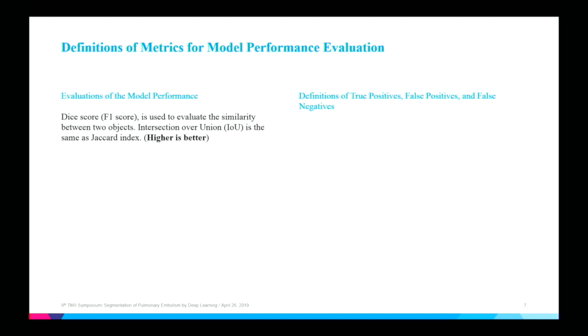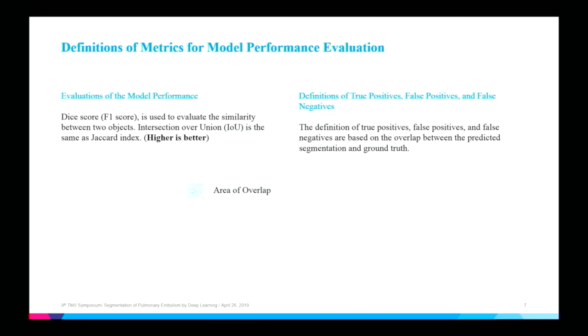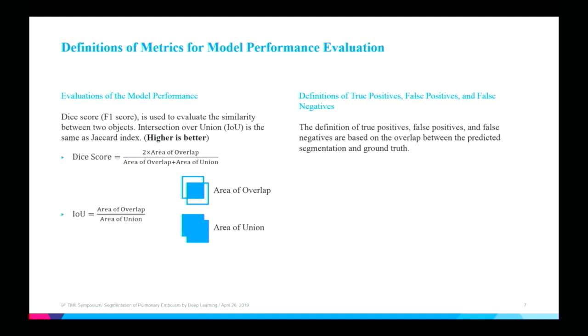All of the terms are based on the overlap between the predicted segmentation and the ground truth. The DICE score equals 2 times the overlap over the sum of overlap and union, and IOU equals intersection over union, and these terms can be converted from each other.